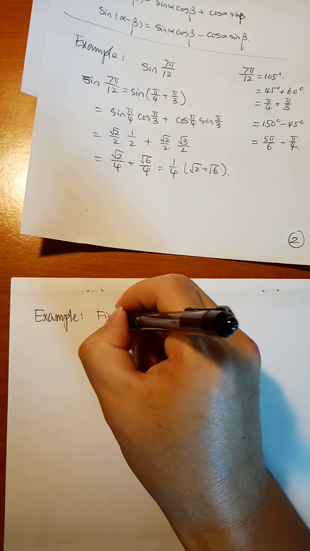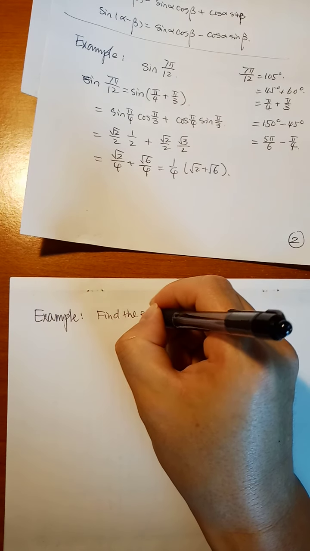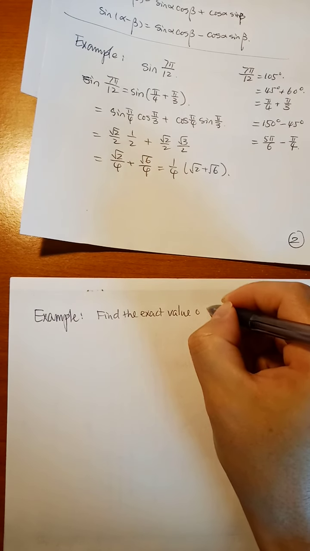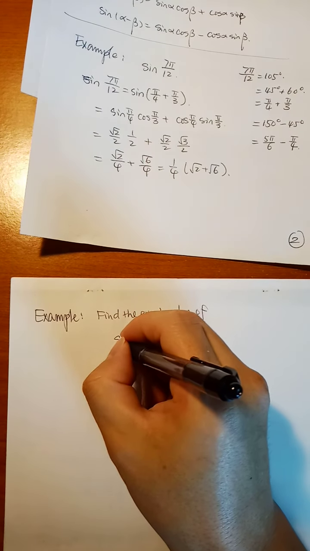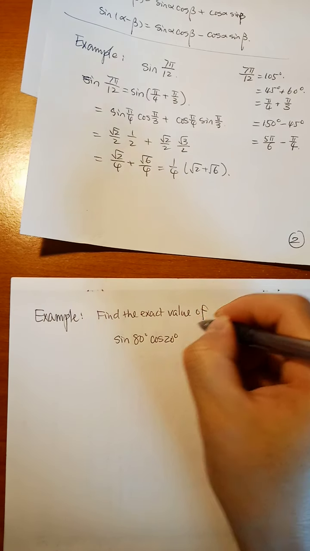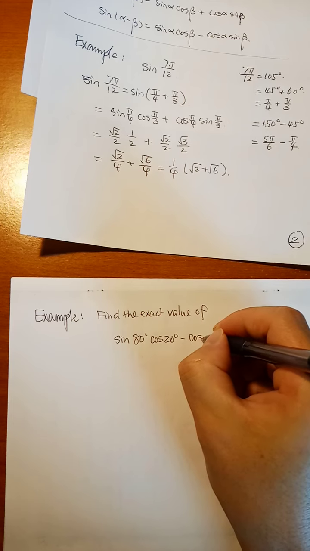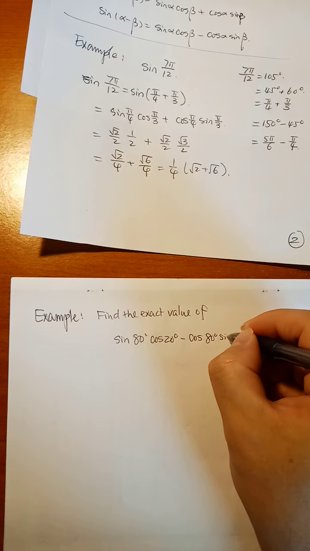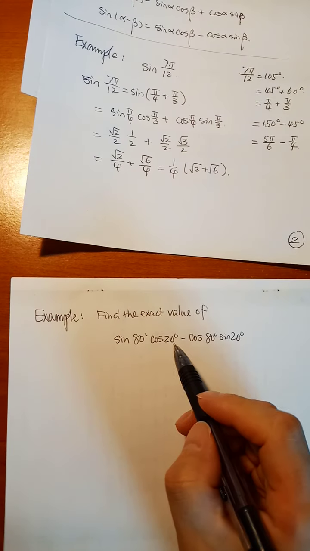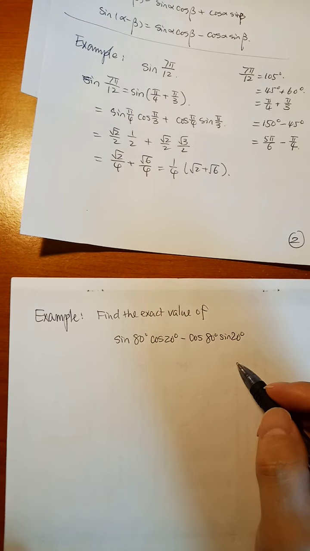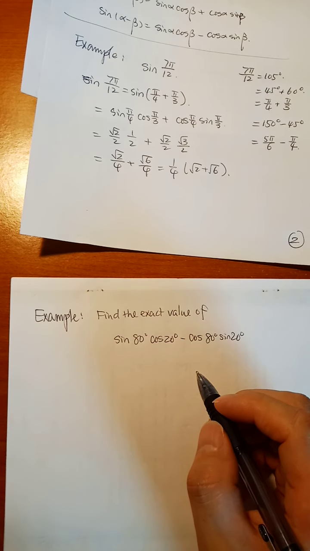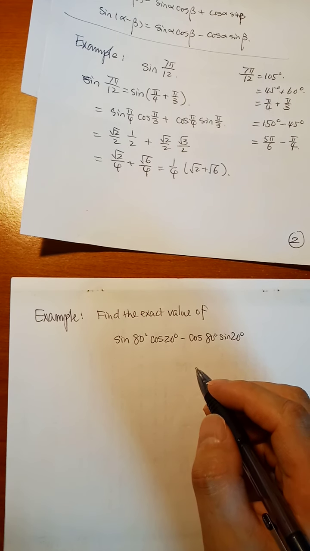Next example, find the exact value of sine 80 degrees cosine 20 degrees minus cosine 80 degrees times sine 20 degrees. So sine alpha cosine beta minus cosine alpha sine beta. And this is exactly the expression of the difference rule of sine.